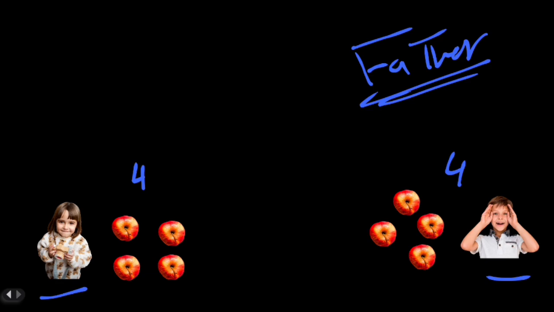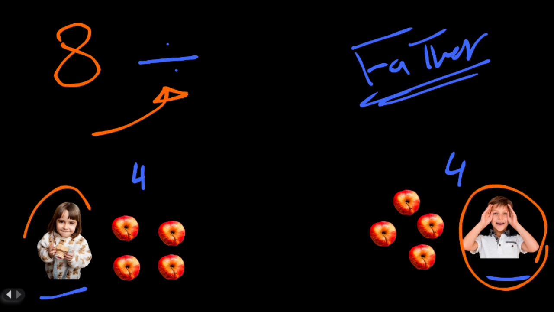The meaning of distribution here is a new operation called division. At the beginning, I have 8 apples, and then I distribute them over how many children? Exactly 2 children.